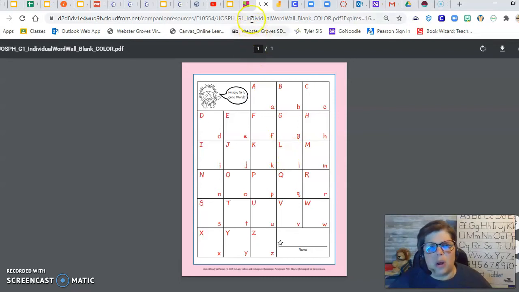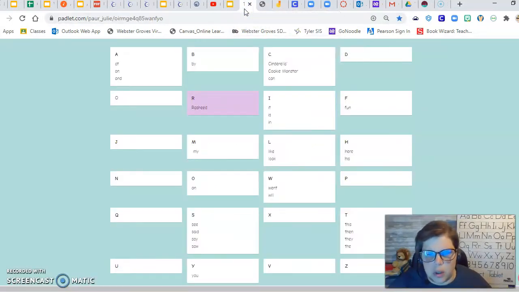Let's go back to the word wall for a moment and see if there's another one that we can test to see if it's a power word. How about it? That's a little word. We talked about how little words can be powerful. There's no beginning sound that we need to break off, so we're just going to go with this little tiny word it.